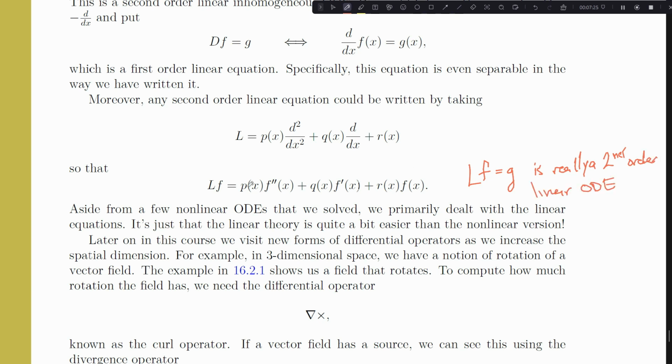It would look like that equal to g of x, and that's your generic second order linear ODE.